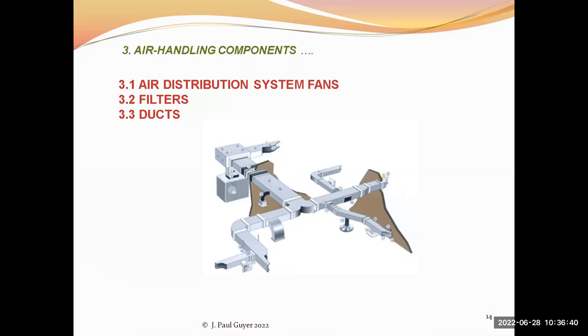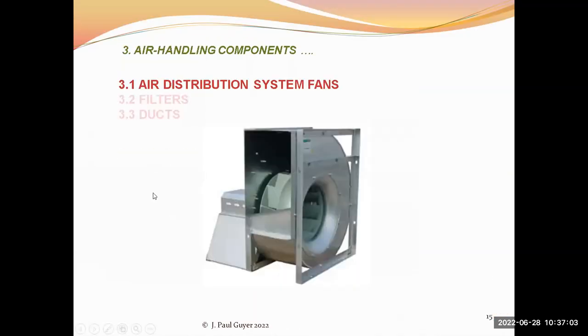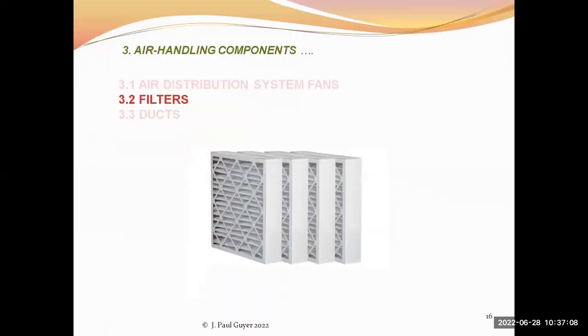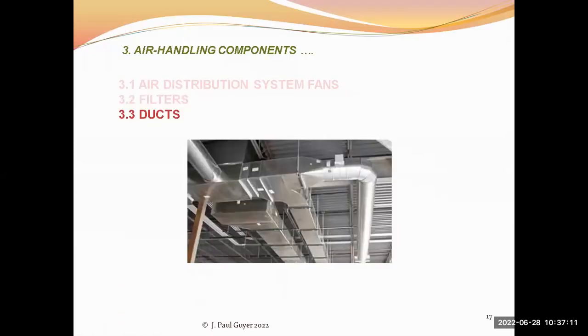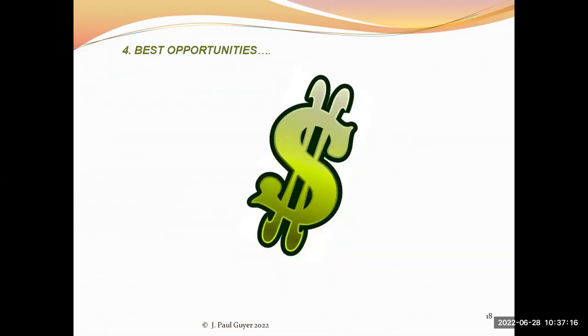The filters might be located there, or sometimes they might be located just before the air discharges into an occupied space. And then we have the ducts themselves. And then there's, of course, the control system. So the air distribution fans, filters, and the ducts. These are the things we've got to play with, or to work with.